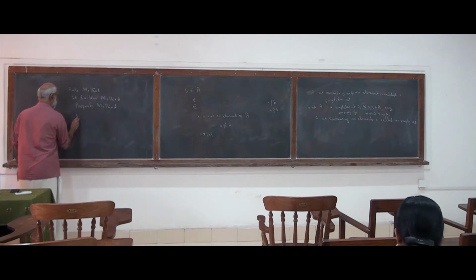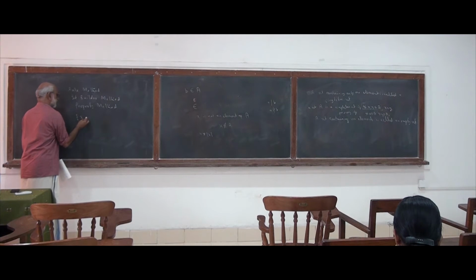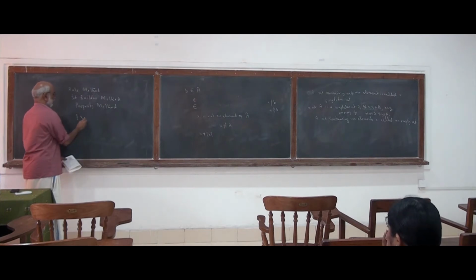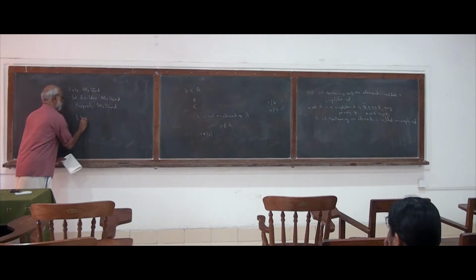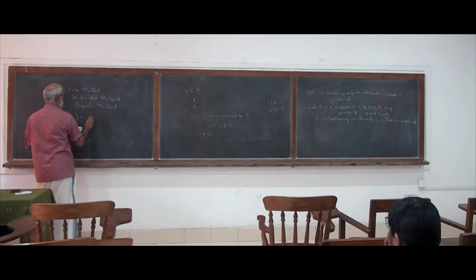We put first the opening curly bracket, then put x, then put a vertical line or a colon like this, and then write x is an integer.